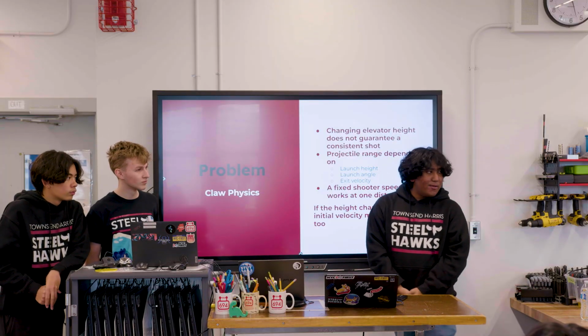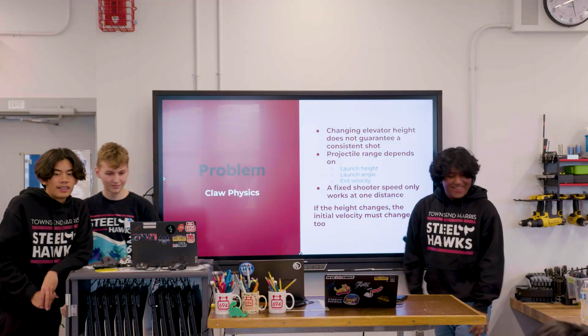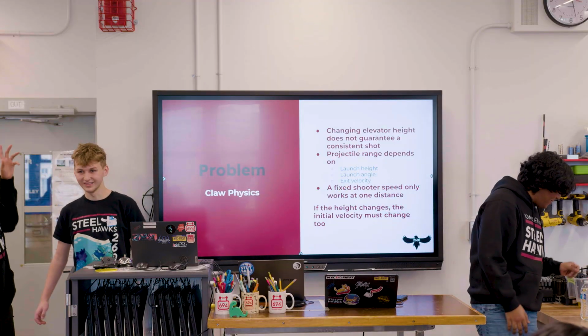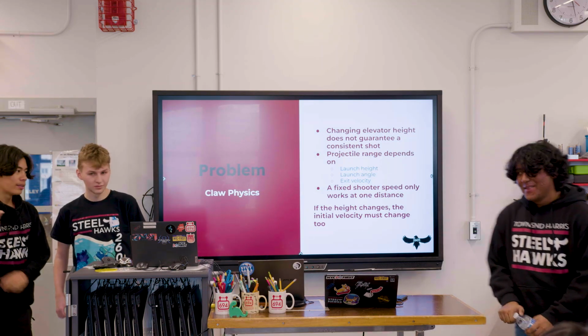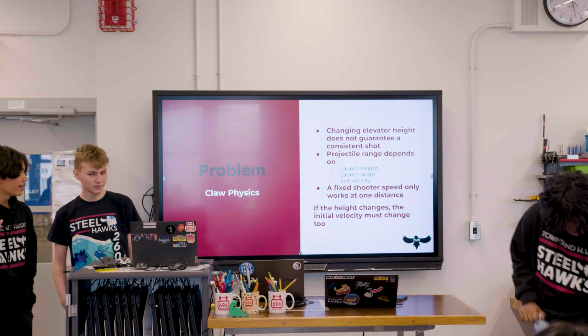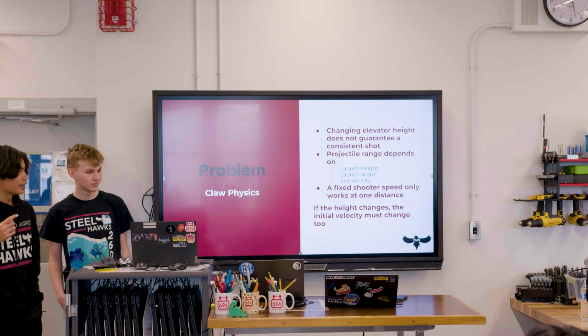Now we're on to our second problem, so I'm going to hand it over to Jacob. As Farhan discussed, now we're able to change our elevator height based on the robot's distance from the reef. However, changing this height does not guarantee a consistent shot.